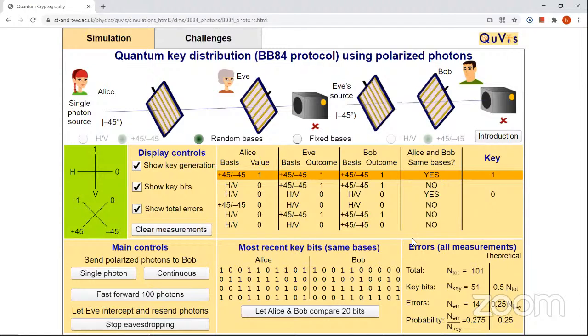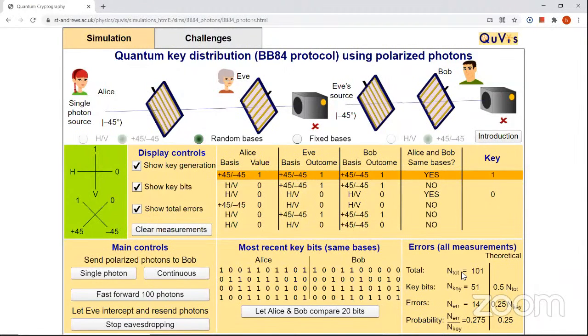Okay. So out of this 100, sorry, how many photons are there in total? 101 photons have been sent from Alice to Bob, suppose. And we are saying that out of this 101, 51 times the basis matched. So they will keep them as key bits.